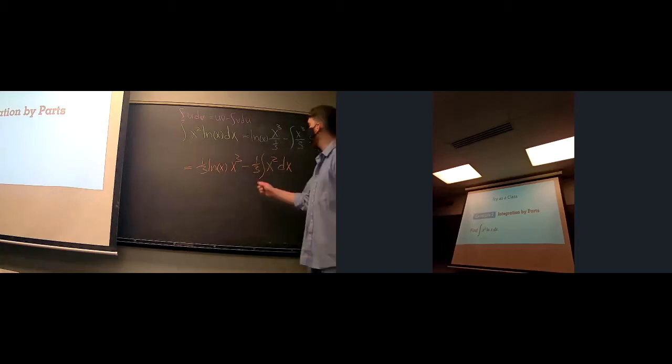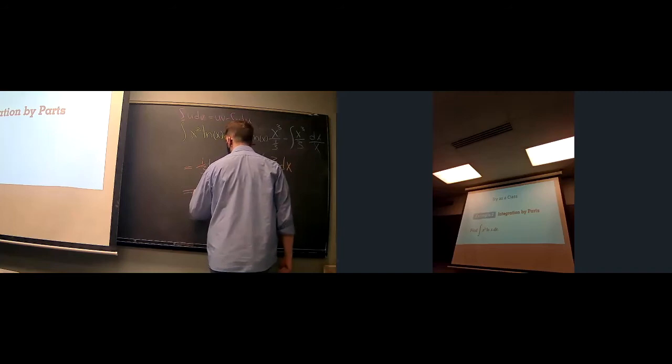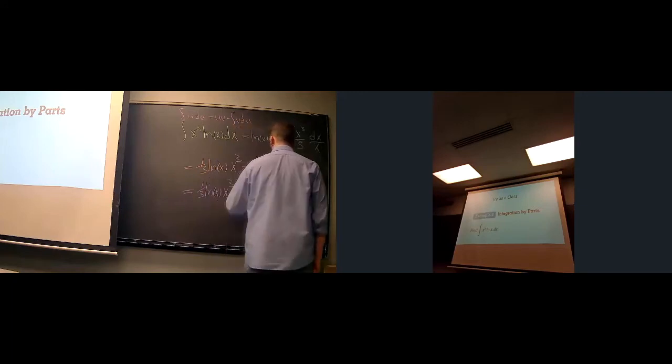If we wanted to, we could go ahead and factor out a 1/3, but for now, I say just leave it there. Doing the integration here, we're going to get 1/3 the ln of x to the third minus 1 over 9 x to the third plus a constant.